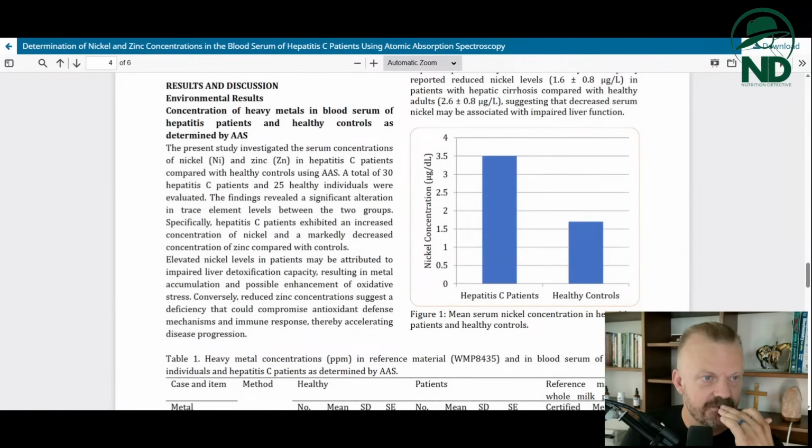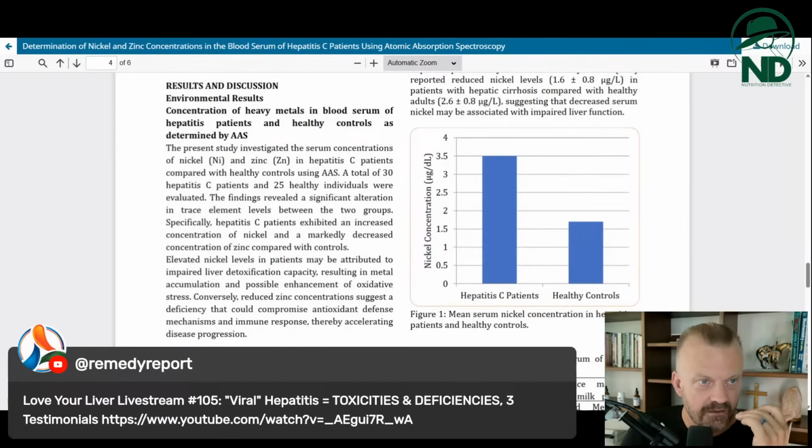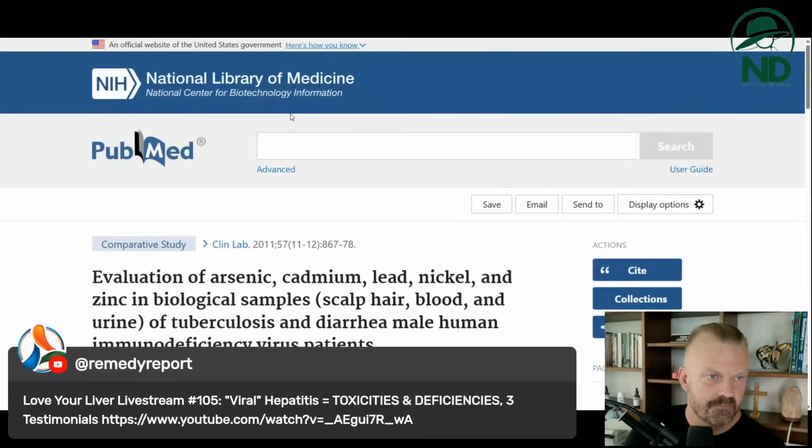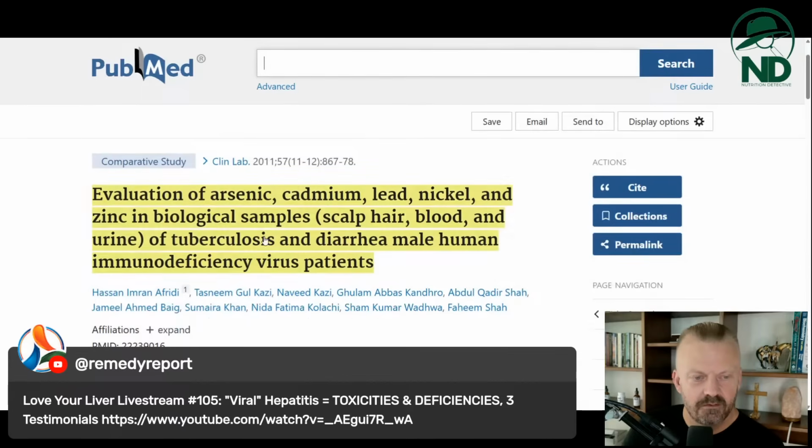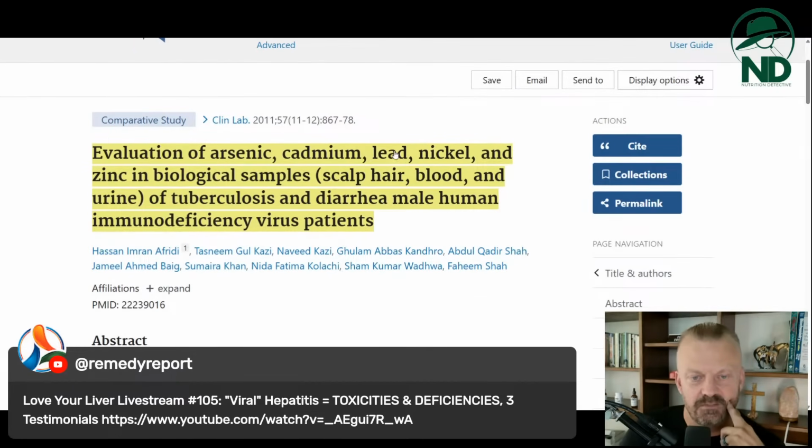Okay, now let's get into HIV. Here's the paper: evaluation of arsenic, cadmium, lead, nickel, and zinc in biological samples, scalp hair, blood, and urine of tuberculosis and diarrhea male. That's very mean.